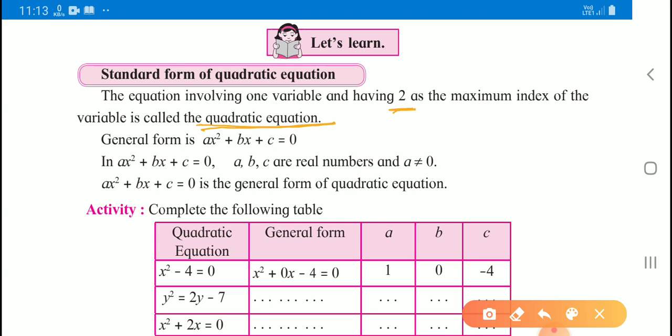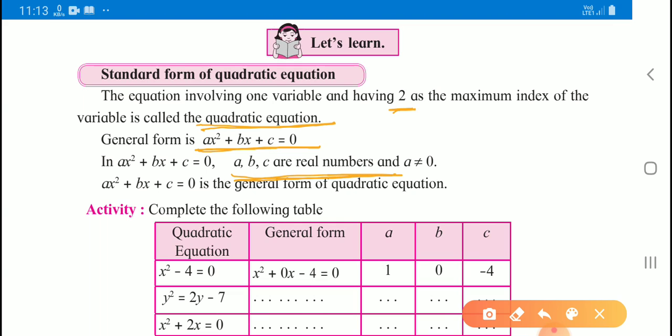Okay, now what is the general form of the quadratic equation? The general form of the quadratic equation is ax square plus bx plus c is equal to 0. In ax square plus bx plus c is equal to 0, here a, b and c are real numbers.